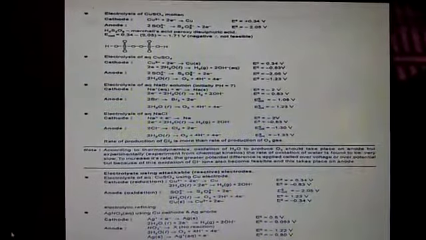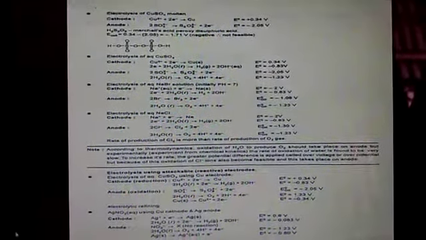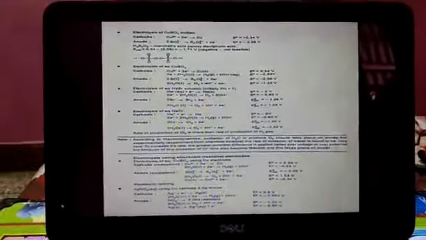If the solution is aqueous, then the hydrogen ion obtained from H2O may be reduced at the cathode and the OH ion may be oxidized at the anode. It occurs only when the reduction potential of the H ion is greater than the other cations present. And OH ions are oxidized at the anode if the reduction potential of the OH ion is less than the other species present to be oxidized at the anode.